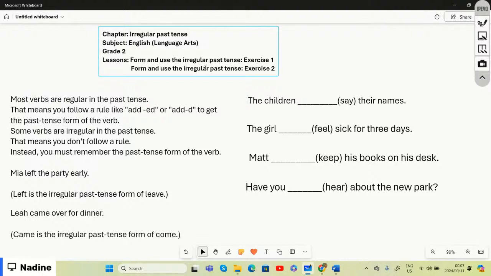Like I said, this is a continuation of our previous lesson, where we had to identify irregular past tense. Now we're going to form and use it.